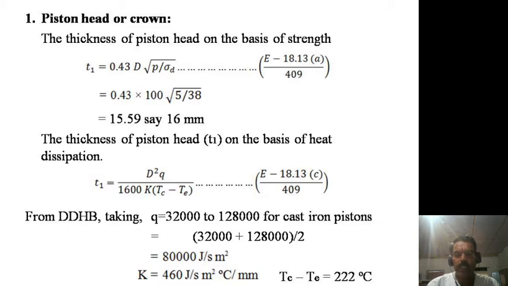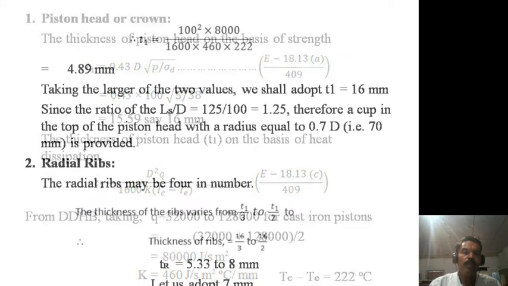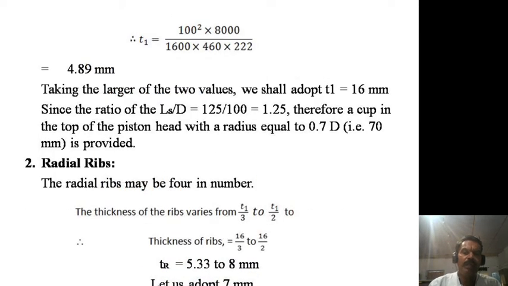Sometimes if Tc − Te is not given in the problem, it has to be assumed, that is Tc − Te equal to 220 degree centigrade, which is common data that has to be taken.